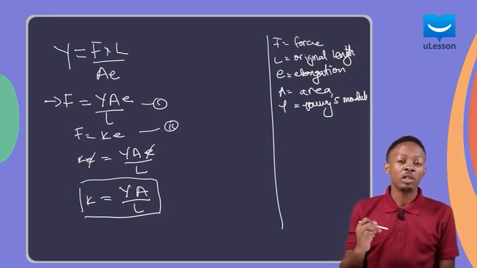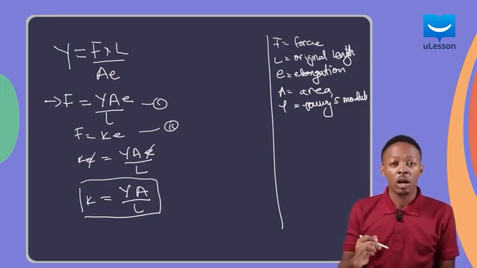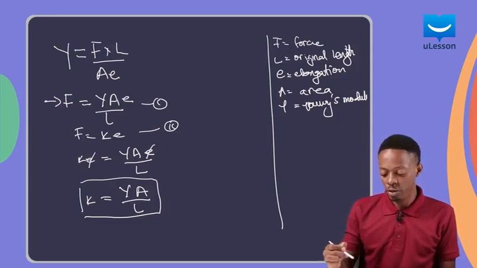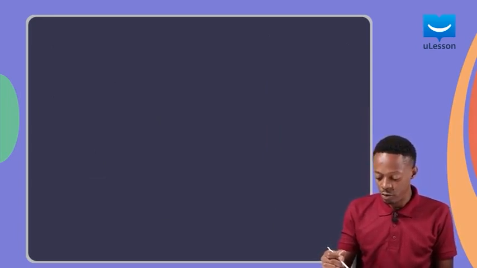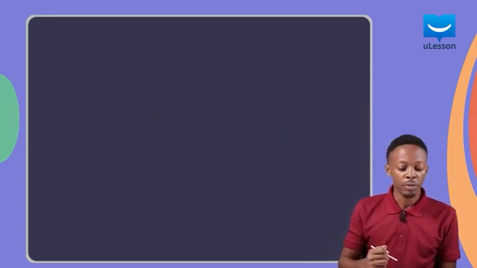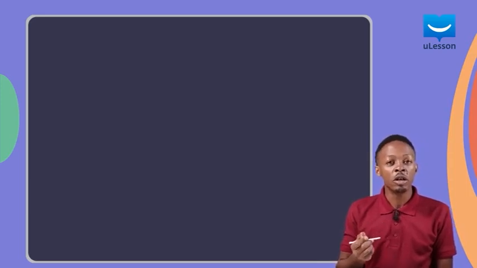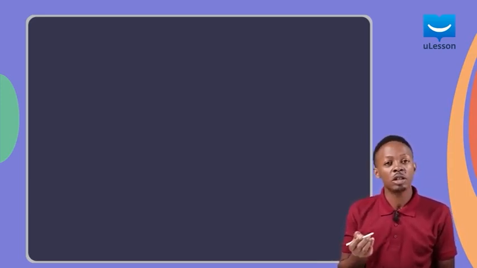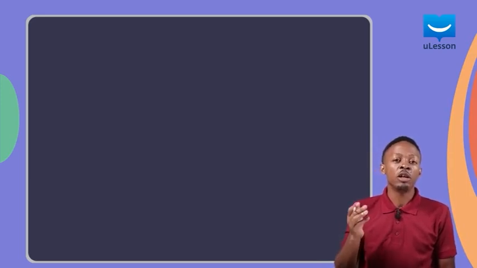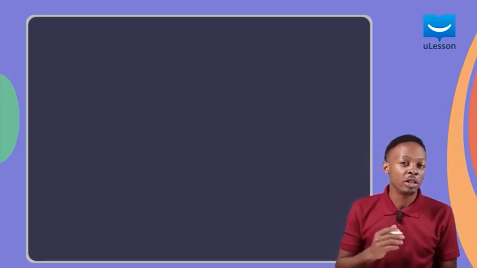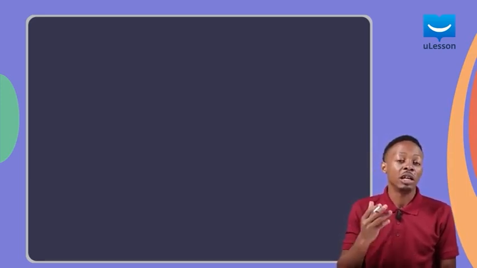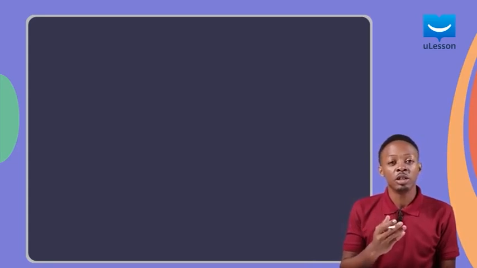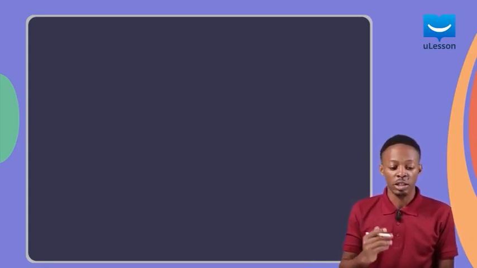So now, let's go back to work done and potential energy in a spring. Go to a fresh page. Now, we know that work done when changing elastic potential energy to kinetic energy usually happens when a force is applied over a distance, so that the elastic potential energy in the spring is changed to kinetic energy.